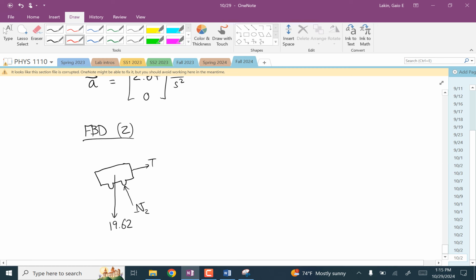Our coordinate system is like this. And so we're going to use that same 250-degree angle as before. So we have 19.62 times cosine of 250, and 19.62 times sine of 250.